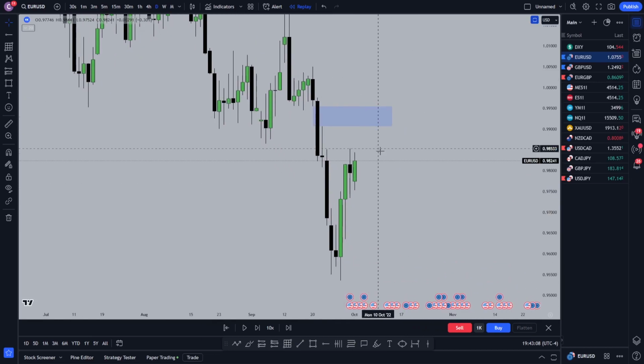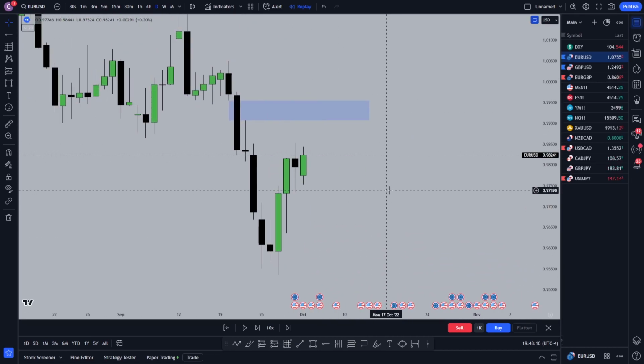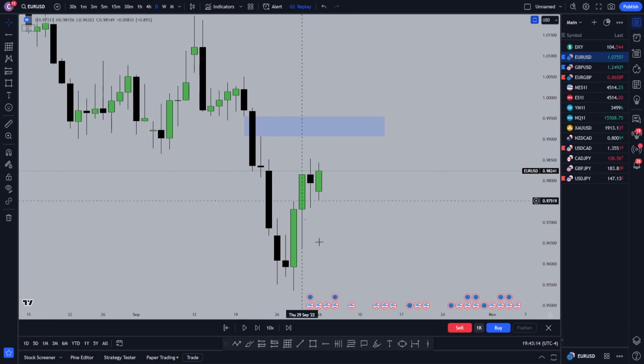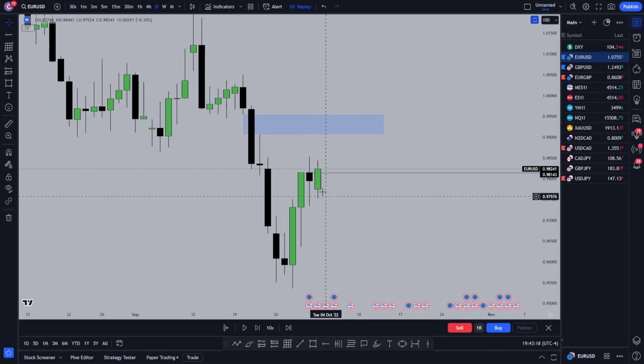So yeah, so that is the target. So we're looking at this fair value gap, and I'm looking at this order block. So here we've got this order block formed, and then yeah, this next daily candle, we want to see price tap into this order block and then go up high.